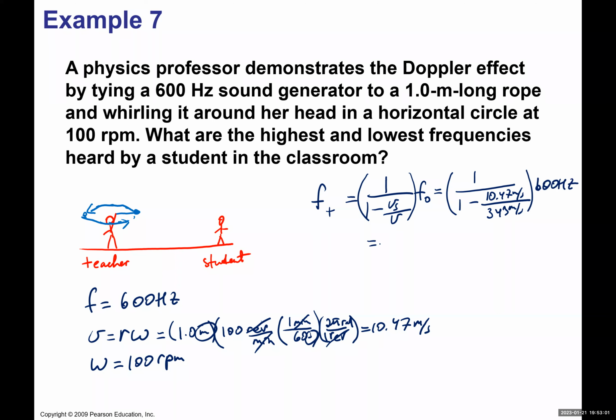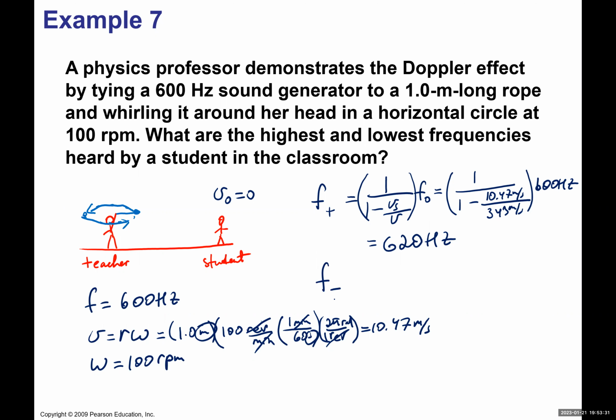This should give us roughly 620 hertz, as the generator is moving toward the student. And obviously here we are assuming that the speed of the observer, the student, is 0, so we can ignore that. When it approaches, the frequency appears to increase, so the student hears 620 hertz.